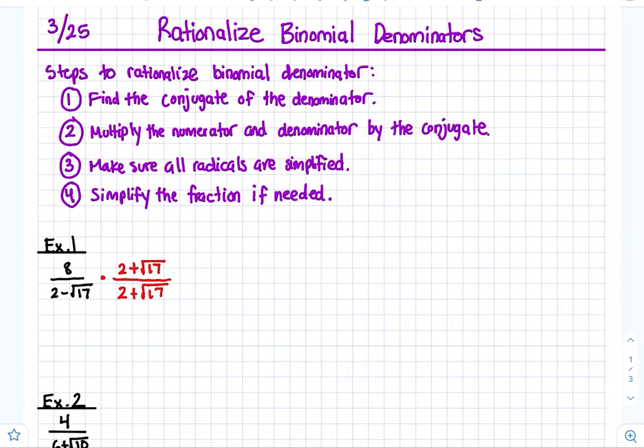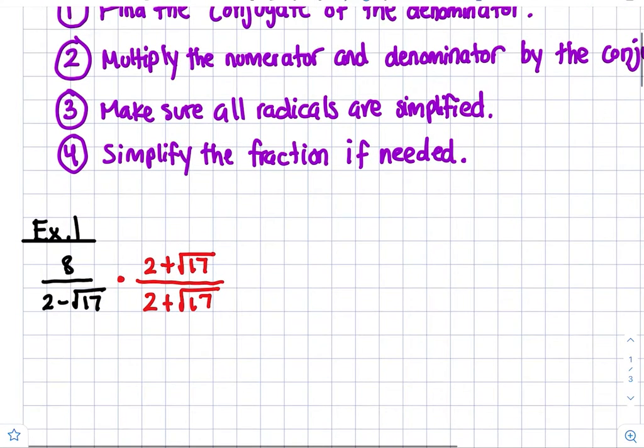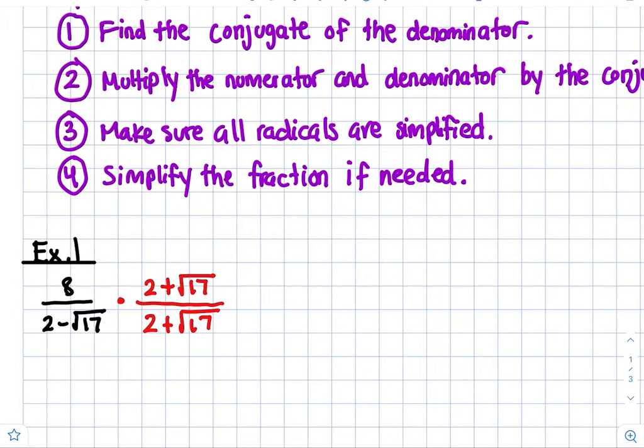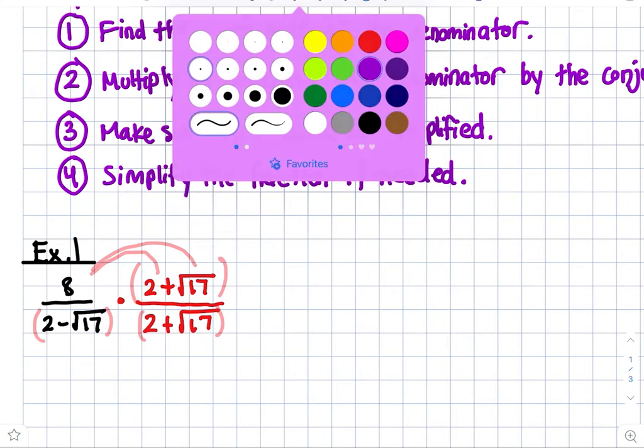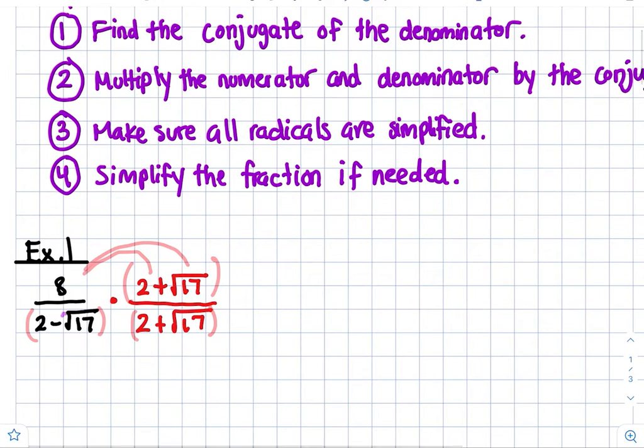Now when you get to this stage, this is where we have to do our distribution. This 8 will distribute to both of these. And then this one is where you have to do your double distribution.